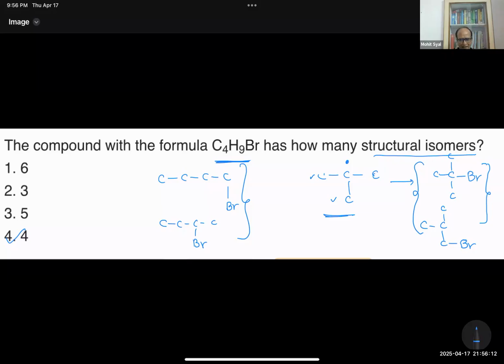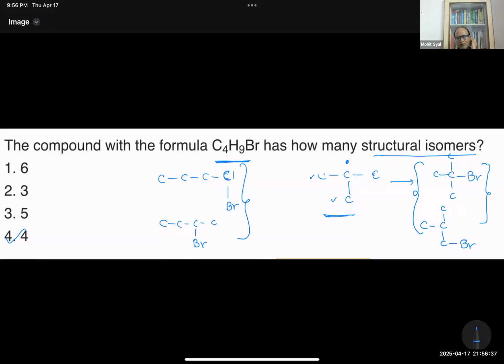You should keep this image in your mind, always. Is it clear? Wherever you have a chiral carbon, consider the 2 different arrangements. So which molecule has a chiral carbon?